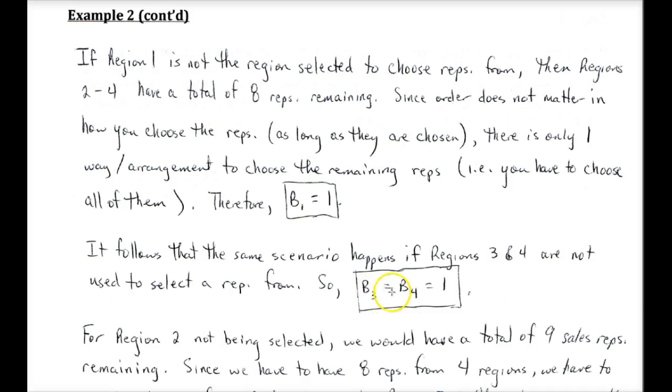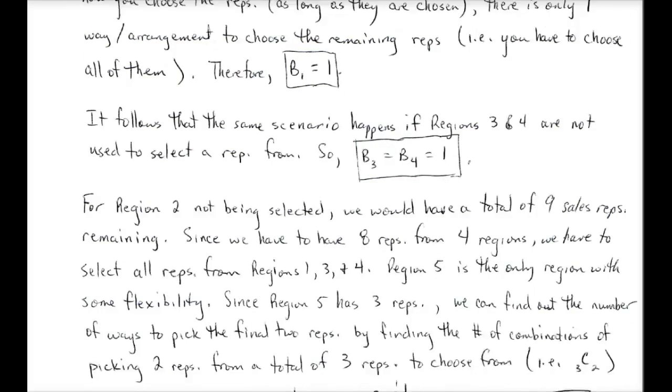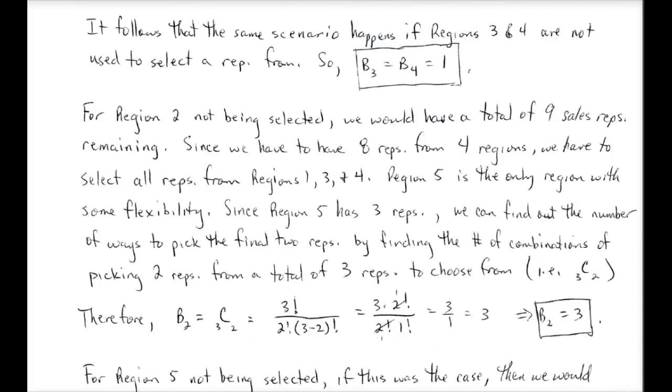The same situation happens with excluding region 3 or region 4. For region 2, we have 9 candidates left when we exclude it, and because of region 5 having so many representatives in it, we have 3 different ways of choosing all of our 8 representatives instead of just 1.